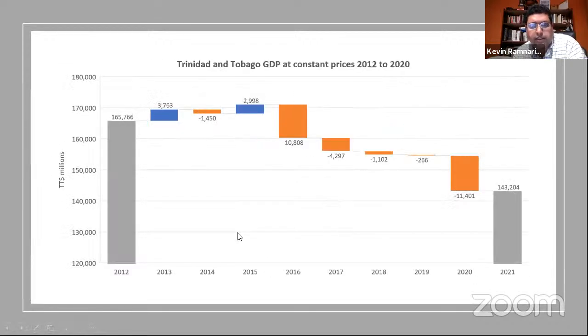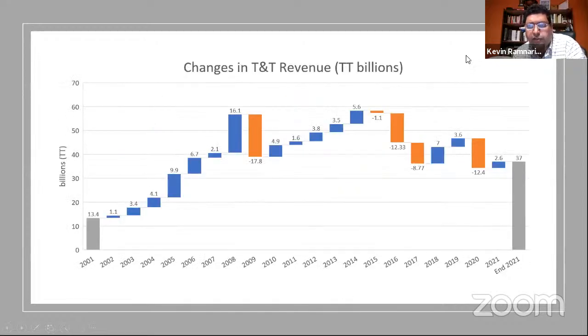Right. The next graph is just really a close-up of the years 2012 to 2021. Again, as you could see, big drops in the years 2016 and 2017. And of course, the year 2020 would have been affected by the COVID-19 shutdowns and so on. This graph shows the revenue for the last 20 years.